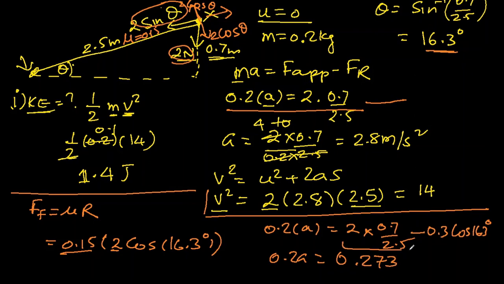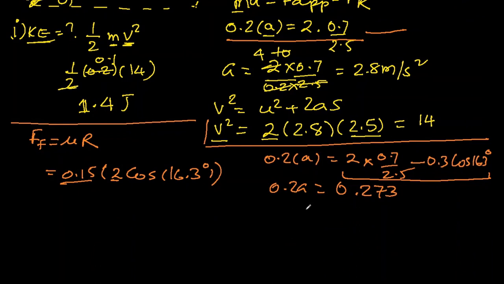So 0.2a equal to 0.273. If I put this in my calculator, I get 0.273, and that gives me acceleration equal to 0.273 over 0.2, 1.366. Okay, let's write 1.37 meters per second square, but I will use 1.366 in next calculations.